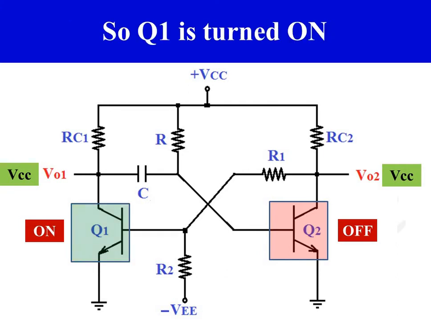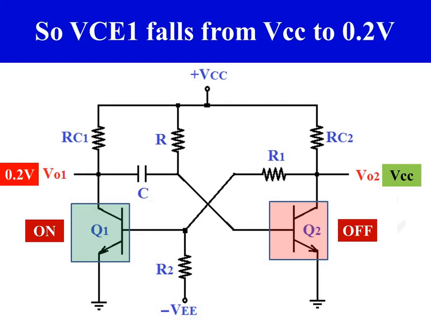As transistor Q1 is turned on, its collector voltage drops from VCC to 0.2 volt, and as transistor Q1's collector voltage dropped from VCC to 0.2 volt, the base emitter junction of transistor Q2 remains in the reverse biased condition.